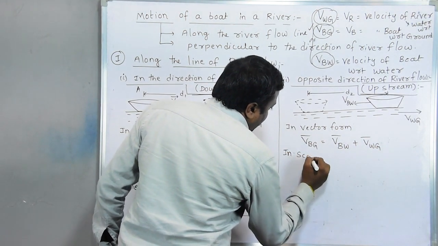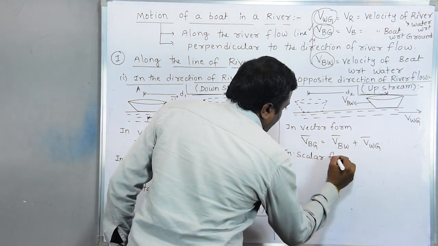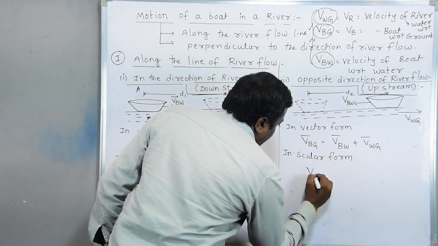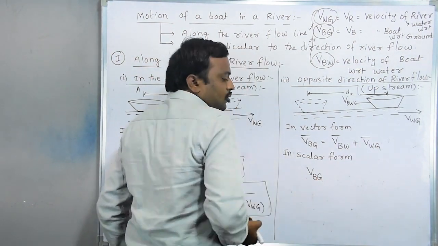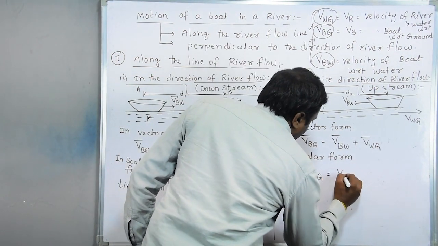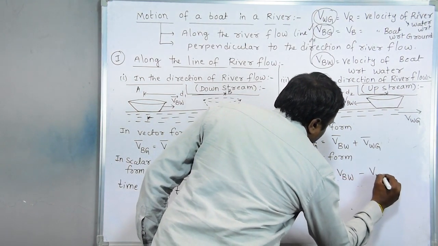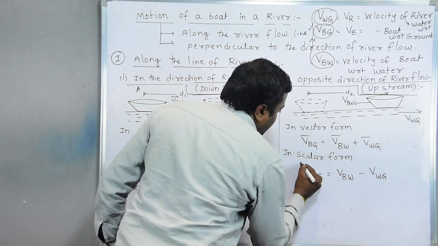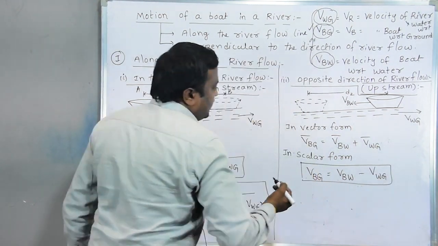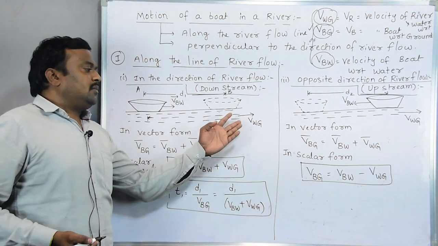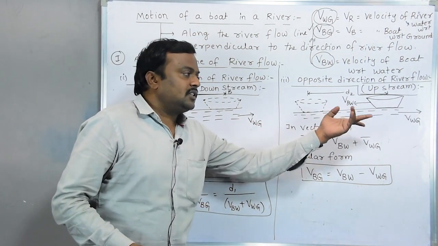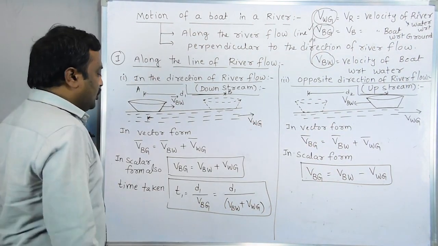In scalar form, velocity of boat with respect to ground is equal to velocity of boat with respect to water minus velocity of water with respect to ground, because of the opposite direction. Same direction means addition; opposite direction means subtraction.